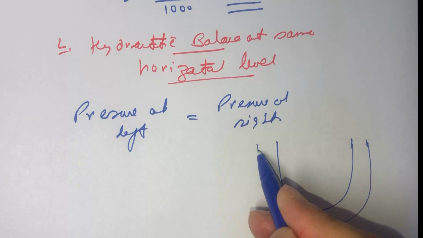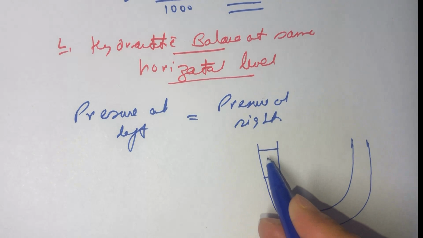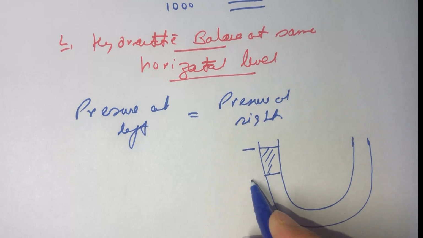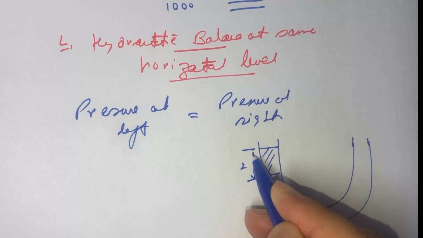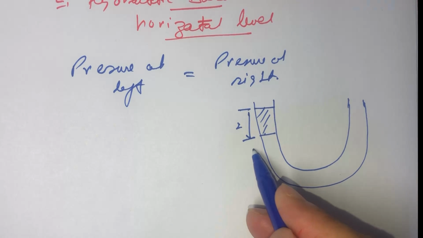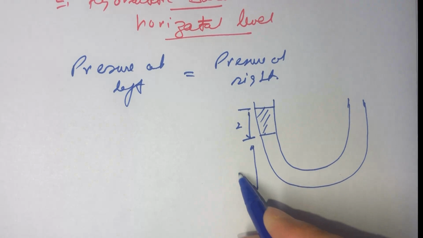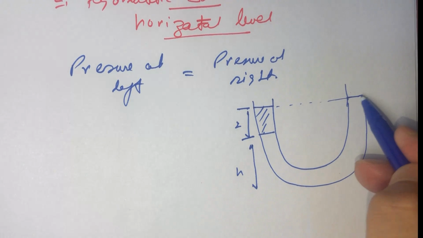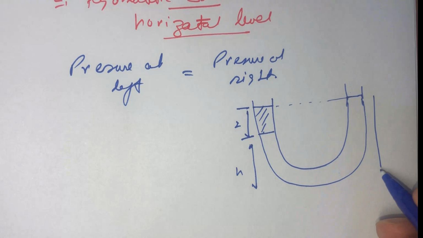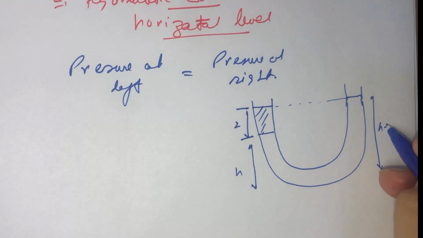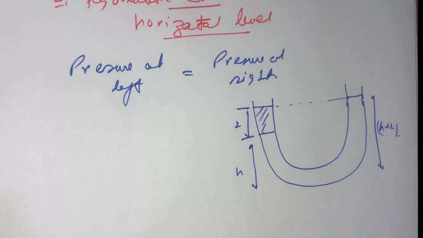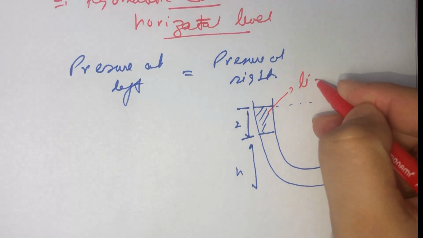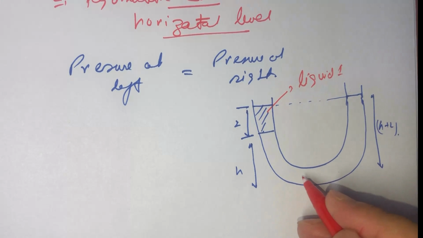So let us suppose the liquid 1 is risen by 2 centimeters. So this is liquid 1 and this is given as 2, and let us suppose this height is our H. So therefore, because we said they are at the same level, this height is our H plus 2. So this is our liquid 1 and this is our liquid 2.